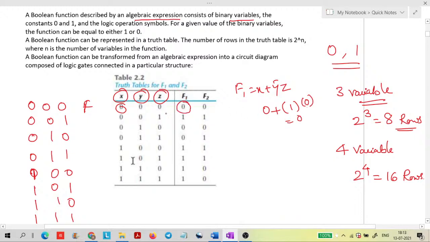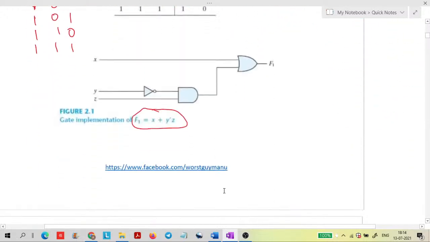So this comes to 0. What about this one? Here x is 0, y is 0, so y bar is 1, since the complement is there in the function. So 1 into z is 1, right? So it is 1. That's why the function is written here. In this way you can write the truth tables.